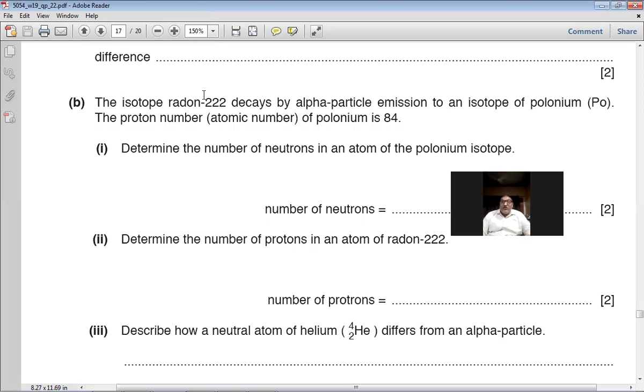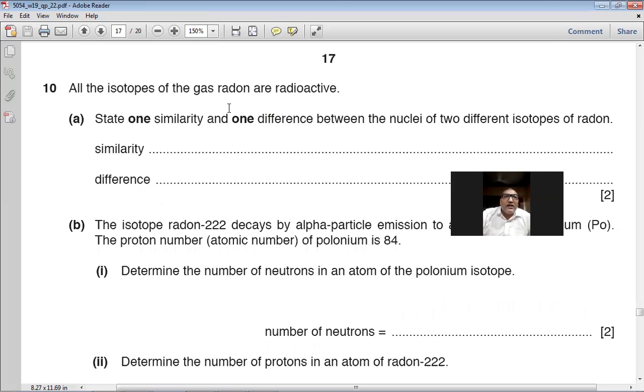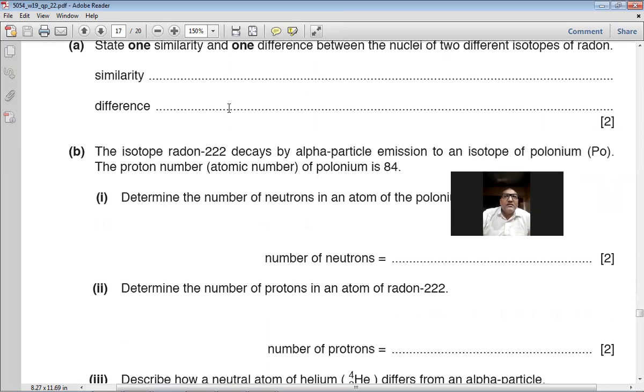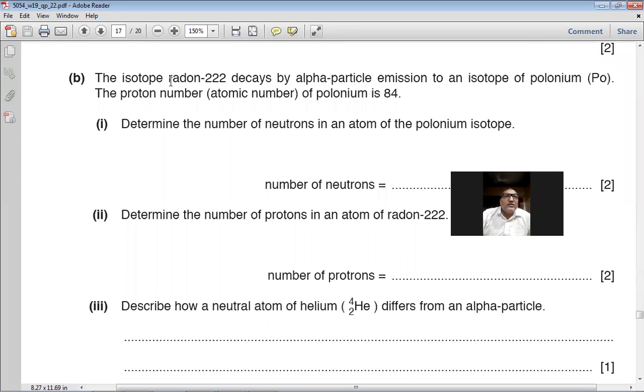A little tricky question. I know the mass number of the radon. The isotope radon 222 decays by alpha particle emission to an isotope of polonium, and the mass number of radon is given, and the proton number of the polonium is also given, 84.